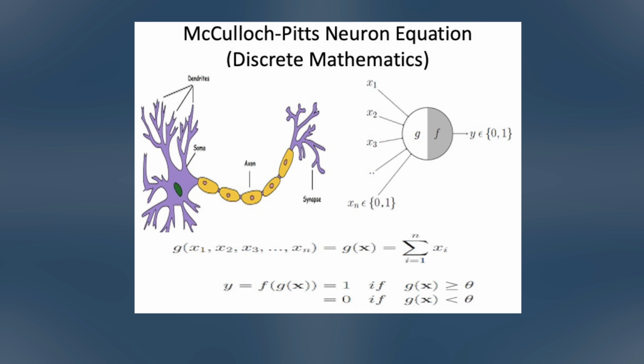Therefore, the 0 1 form is defined by the summation from 1 to n of xi, represented by x1 plus x2 plus x3 and so on. This is the neuron equation proposed by McCulloch and Pitts.